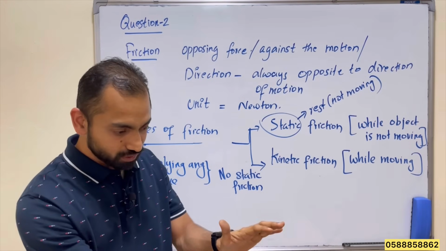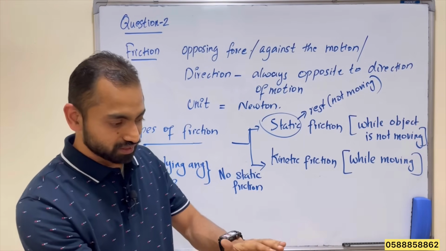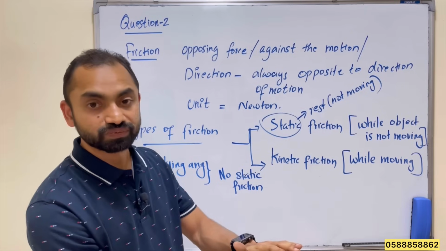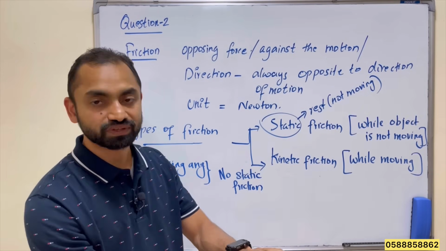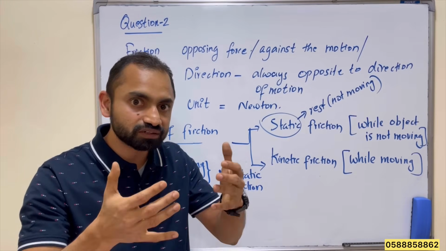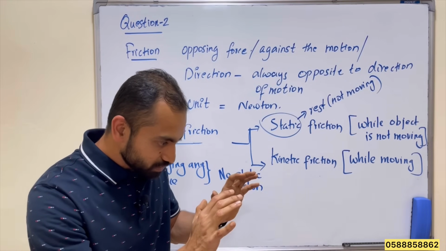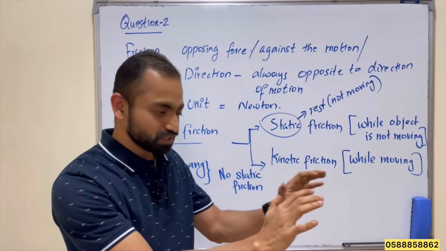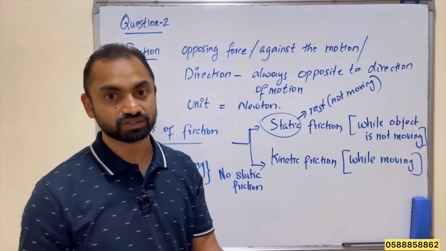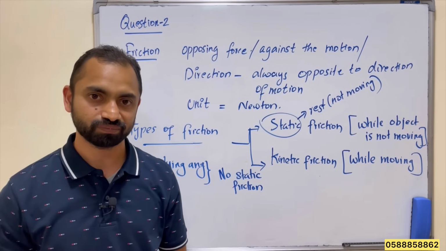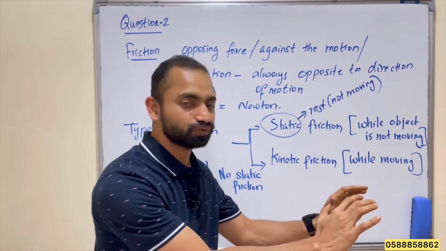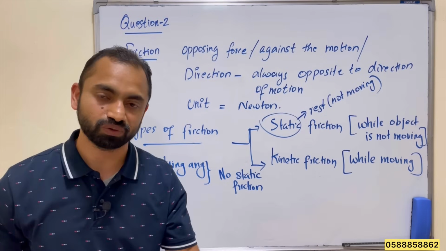In between the floor and the couch, the static friction starts acting. If you push it stronger, static friction also becomes stronger. If you increase your force, static friction will also increase.